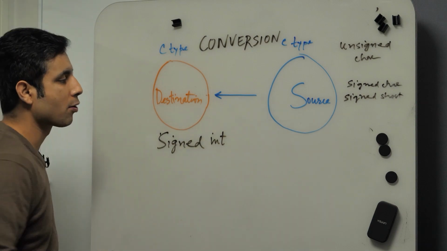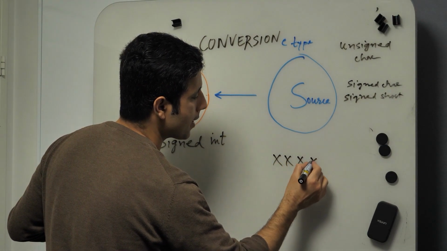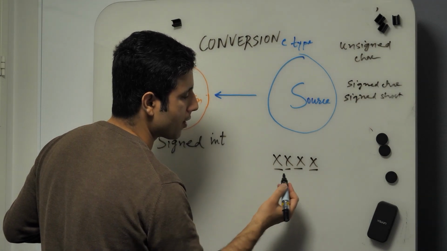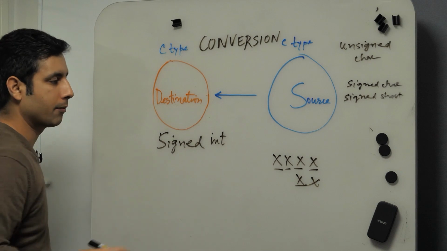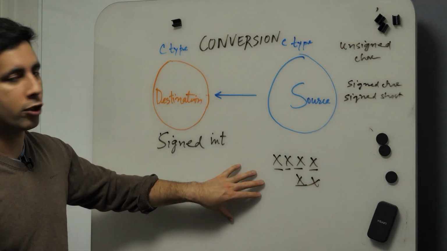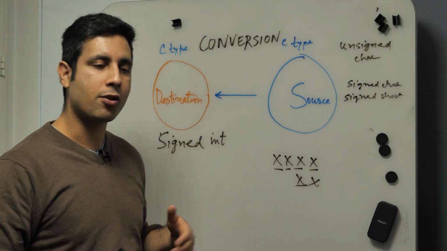For example, if source is bigger, say this is 4 bytes of source and the destination is just 2 bytes, then according to the C standard, this conversion is implementation defined.